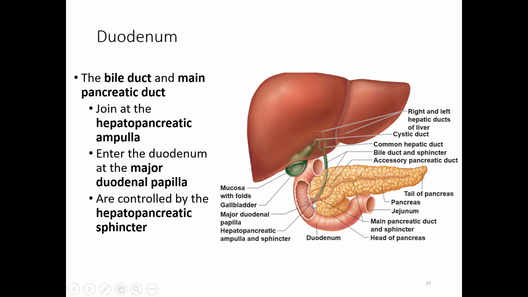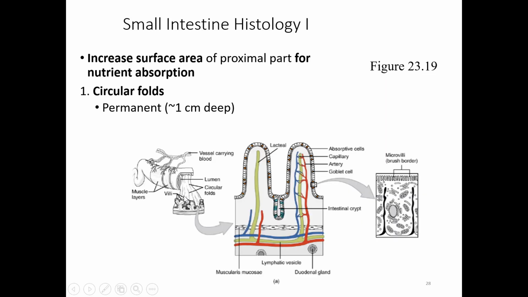So both of those ducts join together in the hepatopancreatic ampulla, and opening or closing of that major duodenal papilla is controlled by the hepatopancreatic sphincter.